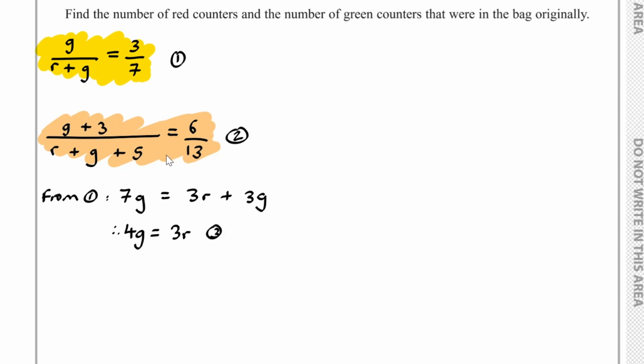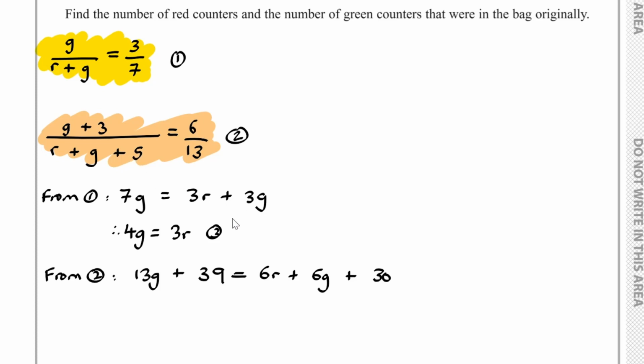And if we look at this bottom equation, we've got 13 lots of G plus 3. So here from equation 2, we've got 13g plus 39. This is equal to 6 lots of r plus g plus 5. So we've got 6r plus 6g plus 30.